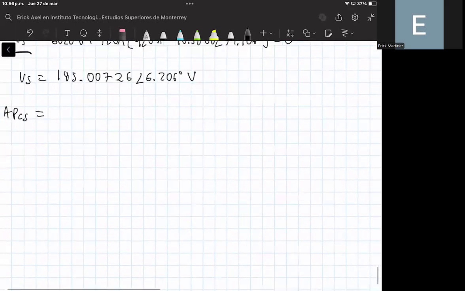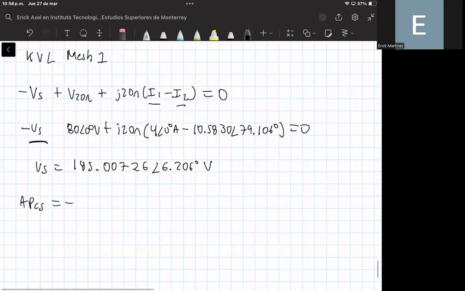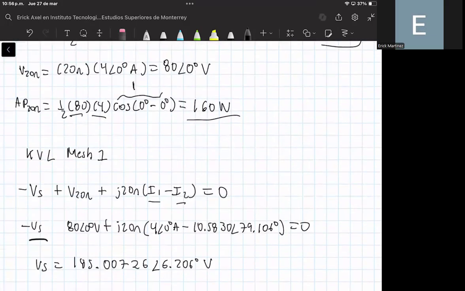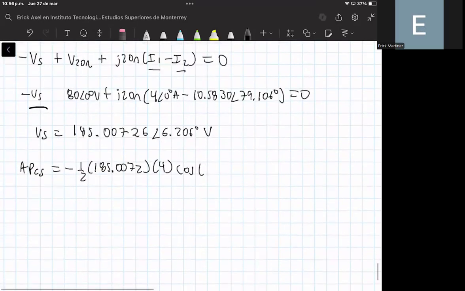So in this case, the average power is negative, and we have 1 over 2 times the amplitude of the voltage, 185.0072, times the amplitude of the current that passes through that element, that is 4, times the cosine of the phase angle of the voltage, in this case 6.26 degrees, minus the phase angle of the current source, that is 0 degrees.